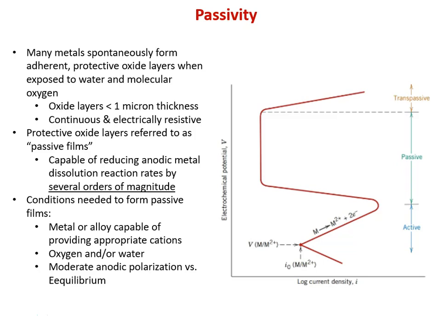Just to get an idea of how thick these are, they are usually quite a bit less than 1 micron in thickness. You can't see them. You can hold up a piece of titanium or stainless steel and you can't necessarily see the passive film. Most of them have to be continuous. Most are electrically resistant. Not all of them, but most of them are. So you can see that they stop corrosion in two ways. They literally physically prevent the solid metal from going into solution, and they also prevent charge transfer across that interface.